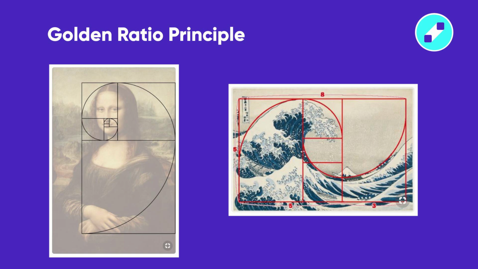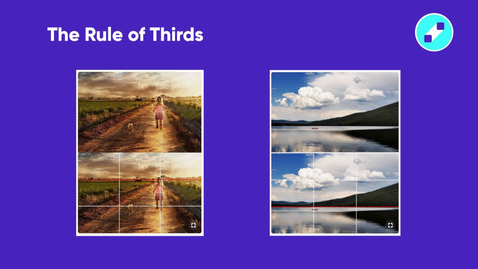Thus, squares and rectangles form a corridor where curves are embedded. In a composition based on the golden ratio, all the key visual elements are located in a specific section of the divided frame.